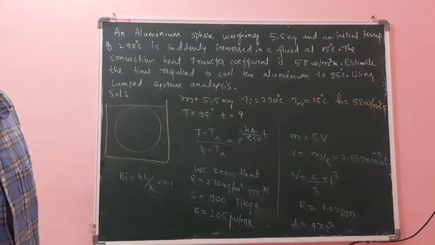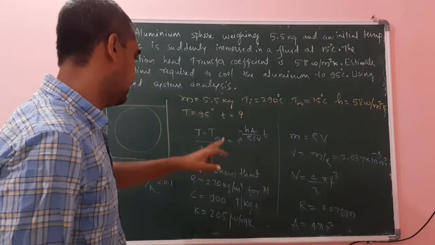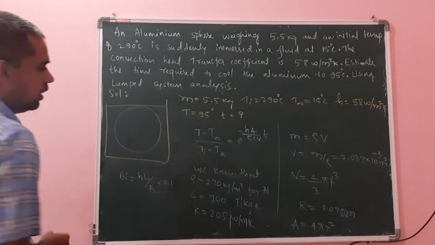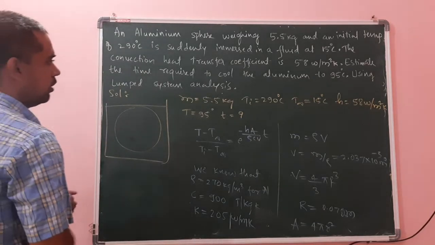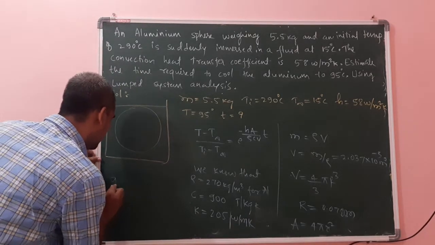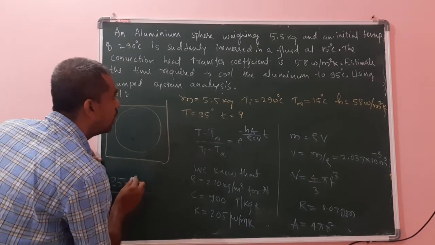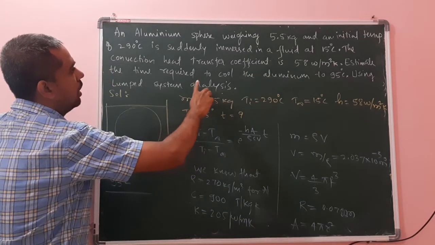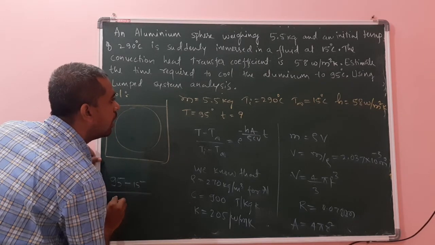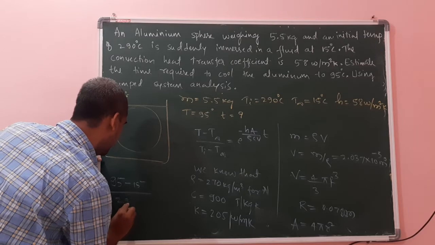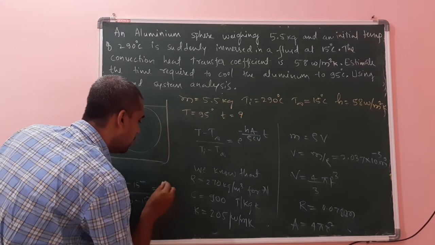Once you calculate the surface area, you can substitute all these values in this formula. I will write here T. What you have to calculate? T you know, T is equal to 95. T infinity is equal to 15 degrees Celsius, divided by Ti, 290 minus 15 degrees Celsius, is equal to e raised to minus h.